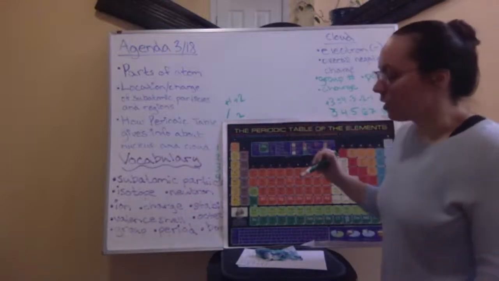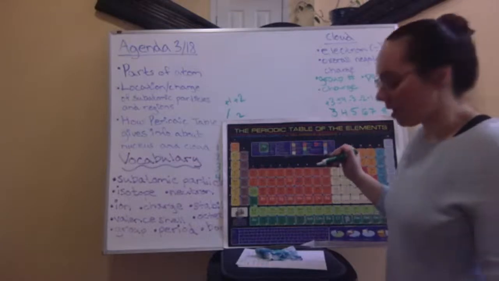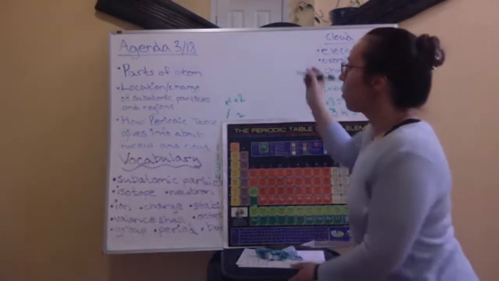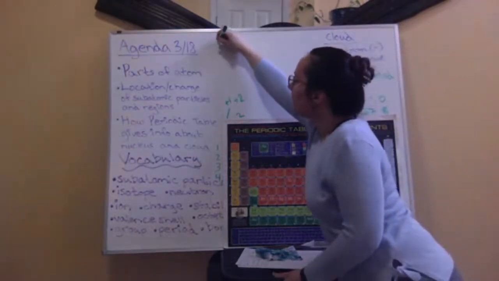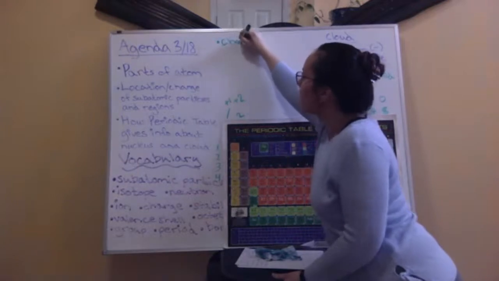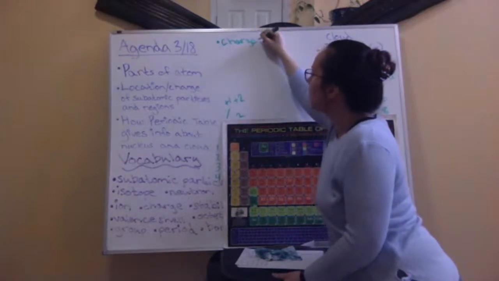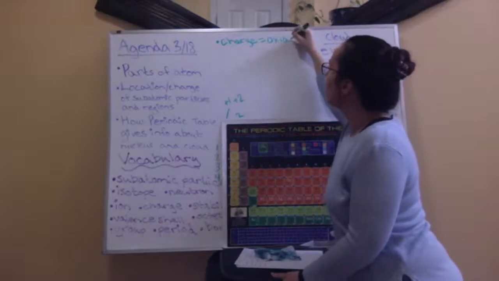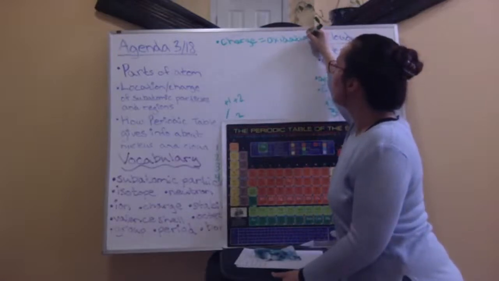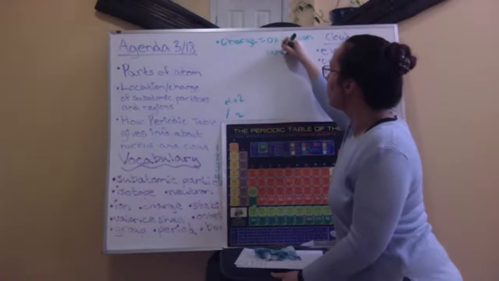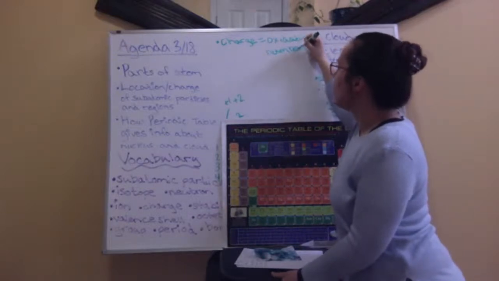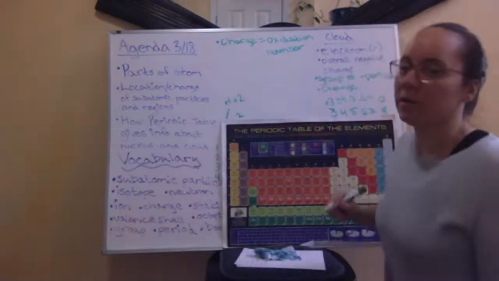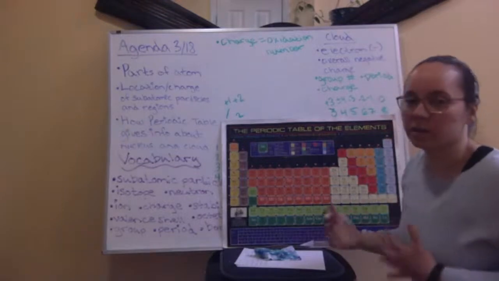Okay, so charges actually have another name, which is actually more or less its real name. So charge is the same thing as oxidation number. Now for this class, we don't deal with reduction and oxidation.